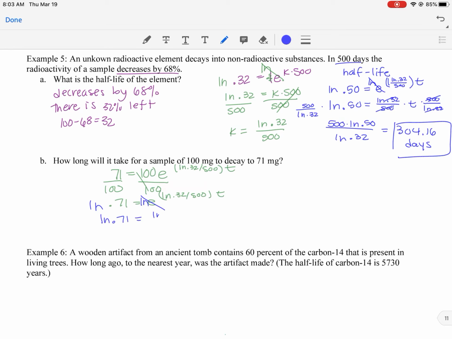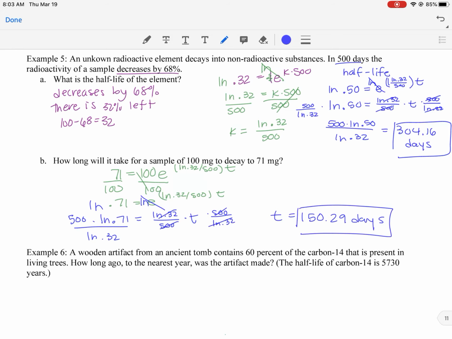So natural log of 0.71 equals natural log of 0.32 over 500 times t. So will you multiply by the reciprocal or divide by that lovely fraction? I'm going to get 500 natural log of 0.71 over natural log of 0.32. So when you type that in, we end up with t is 150.29 days.